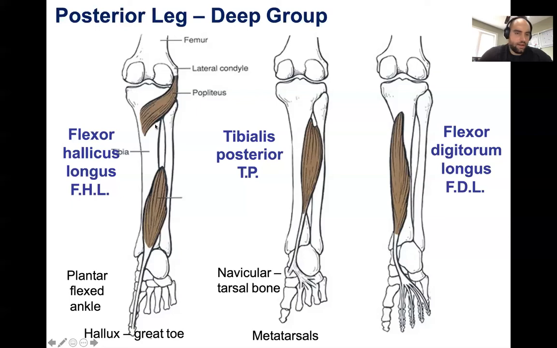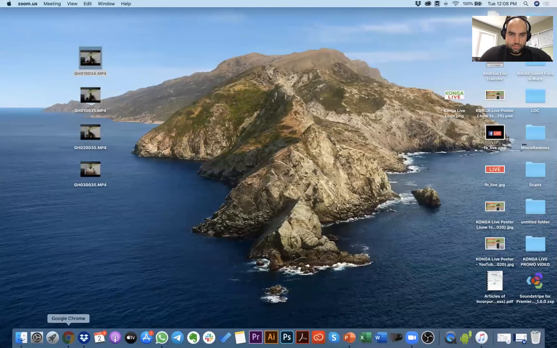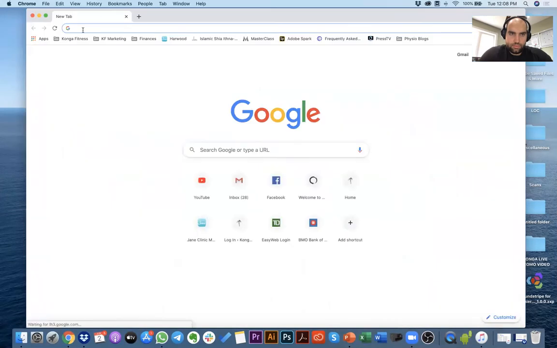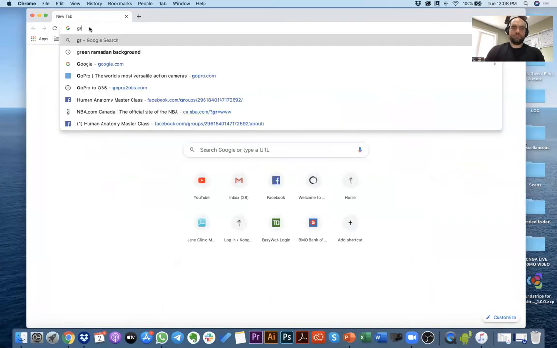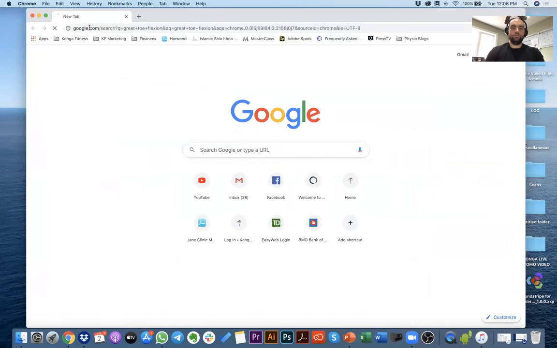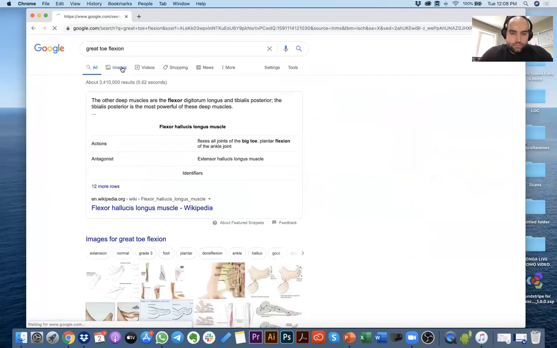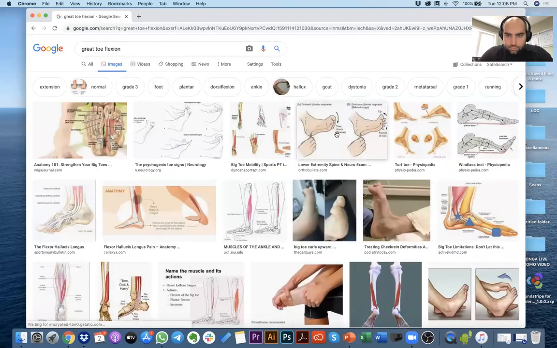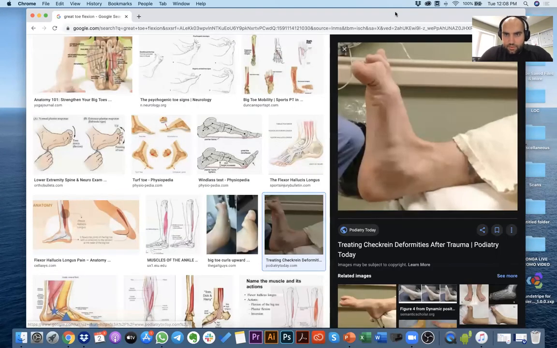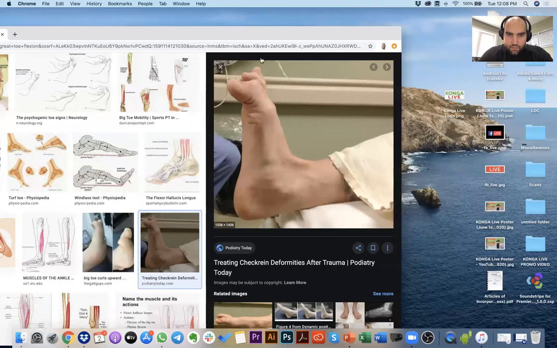I didn't add a diagram for that. Okay, let me see if I can find one on the internet. Okay, so hope everyone can see this, but this is toe flexion.